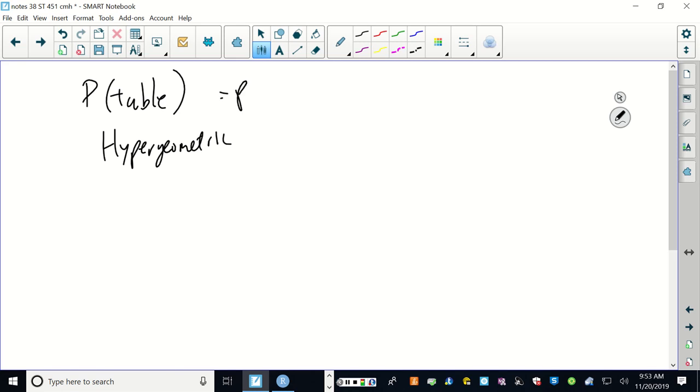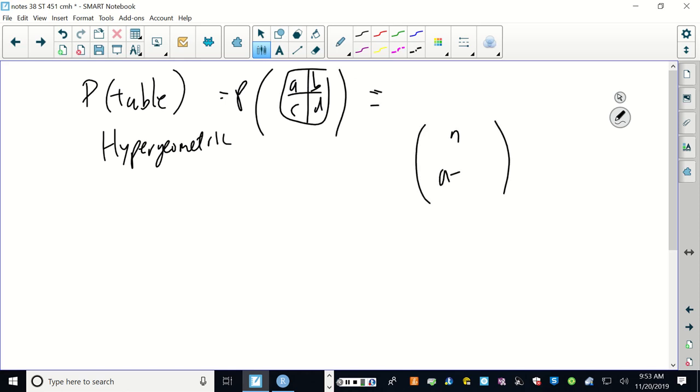So the probability of getting the table A, B, C, D, for instance, with fixed margins: there's N overall, and we're choosing A plus C to be in the first column. And then how do they split into the rows? Well, in the A plus B row, you have A, and in the C plus D row, you have C, and that's the probability.